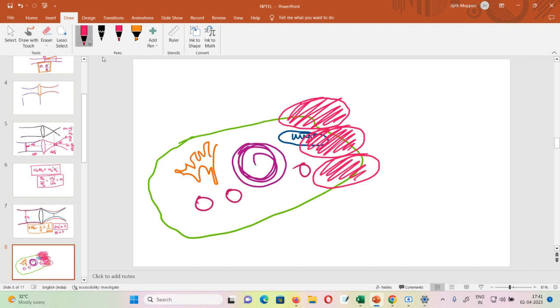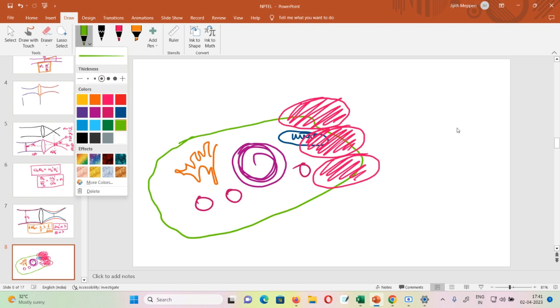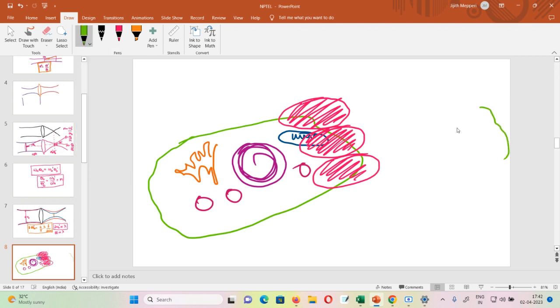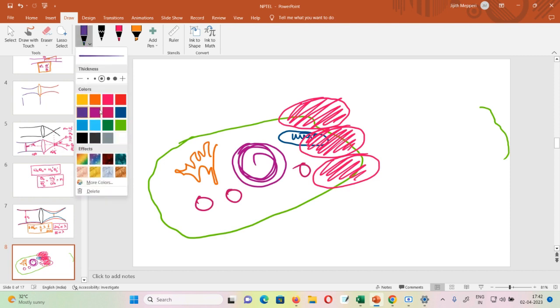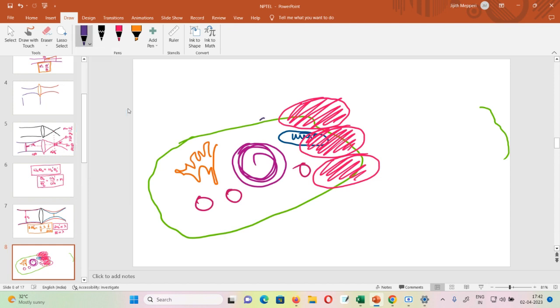Okay, so if you want to image precisely the whole portion, what you want is a very small spot size such that it can cover all minute portions of the image area, so that you will get a very nice high resolution image.